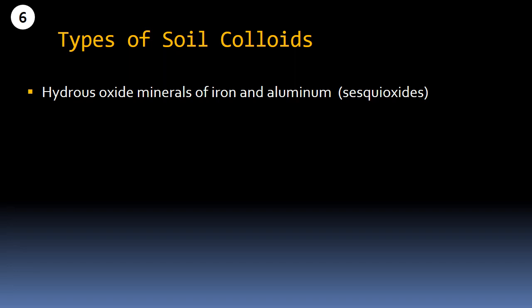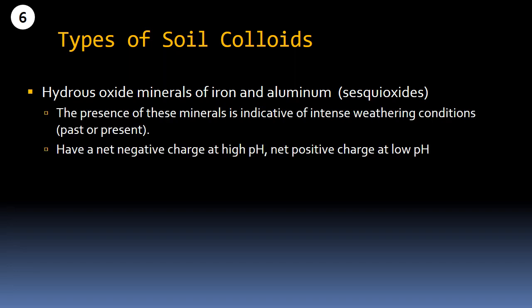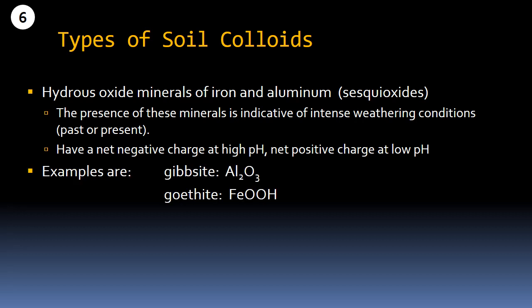Alright, now we've reached the part on other types of soil colloids. As we said, we have crystalline silicate colloids, but we have other types of colloids like the aluminum and iron hydroxide oxides, and those kinds of colloids exist as an indication of very advanced weathering.